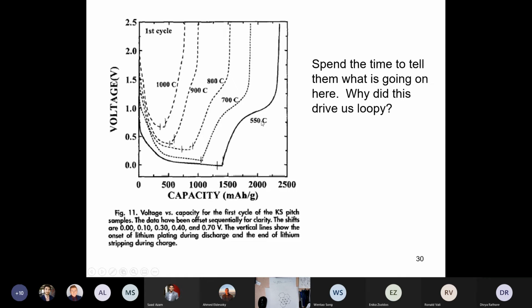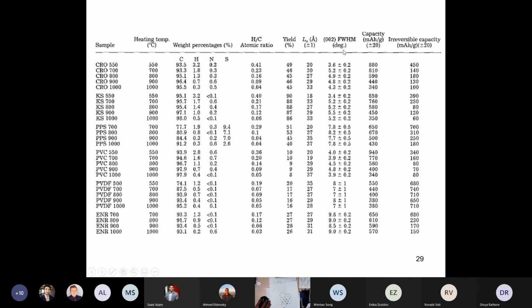And if you look back at this table, you take a look at the full width at half maximum of the 002 peak, like the number of graphene sheets that are stacked in a parallel way. Once you get up to 700 degrees, they're almost constant. They don't vary much at all. And yet the capacity for lithium changes by a factor of 3, almost.